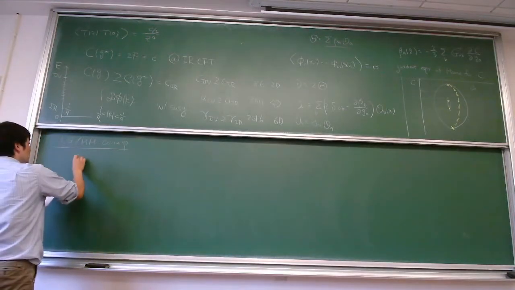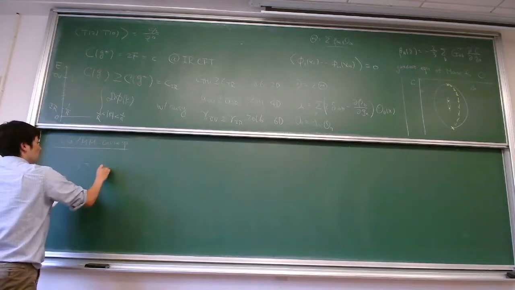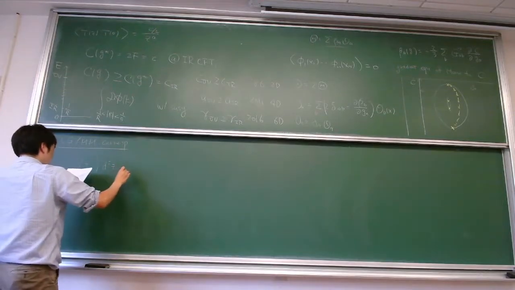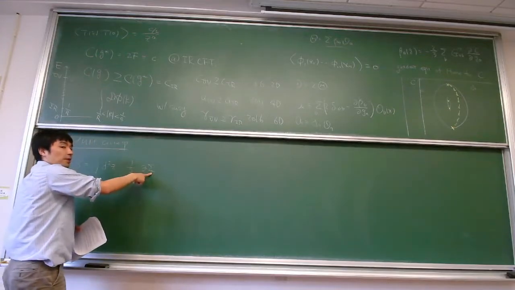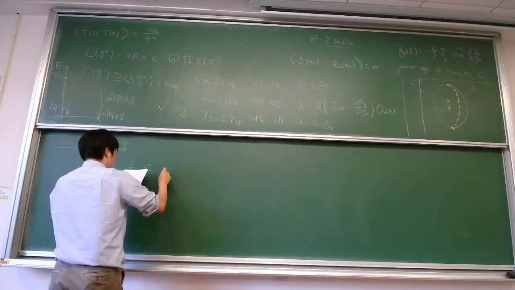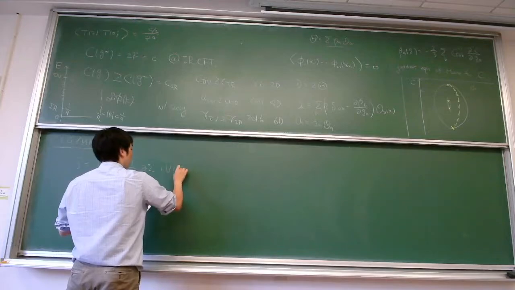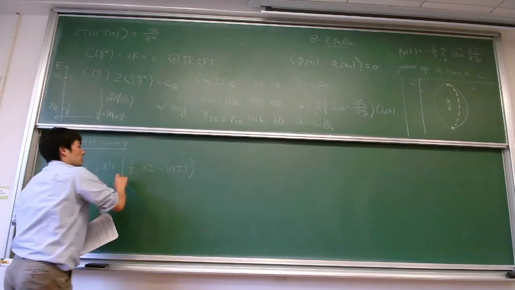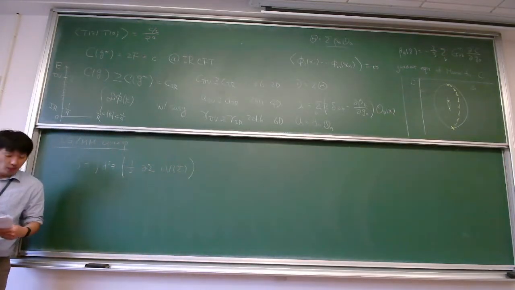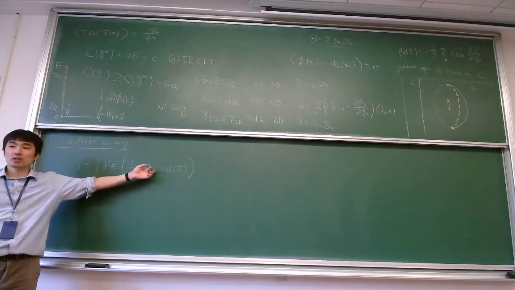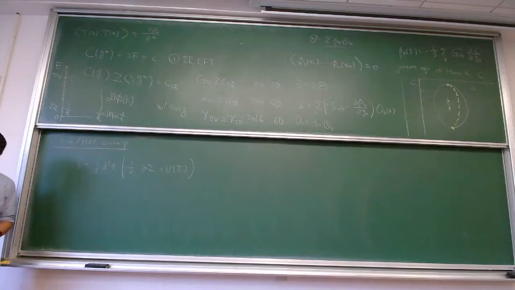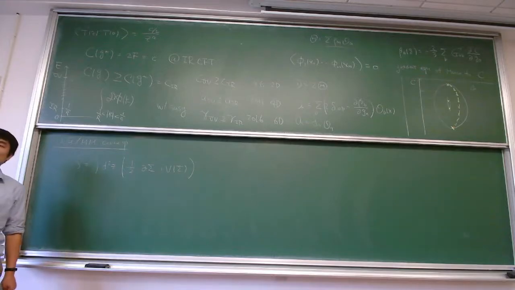So S is equal to the integral of d squared z, and then 1/2, where sigma is a field, an actual field. It's just a scalar field with a potential. So this is the Landau-Ginzburg model. Usually the Landau-Ginzburg model is described as a theory without gauge field.